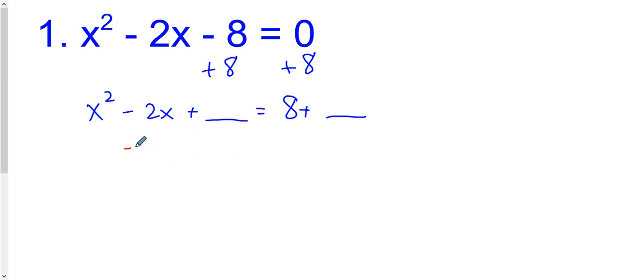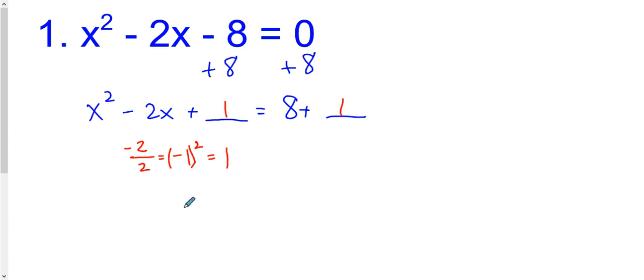Then you take your middle number, which in this case is -2, and divide it by 2. We always divide by 2. -2 divided by 2 is -1, and then I square that. -1 squared, or -1 times -1, is +1, and 1 is what fills in both blanks.